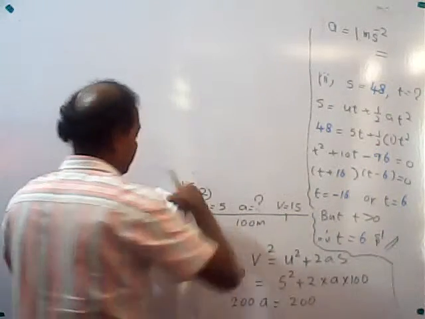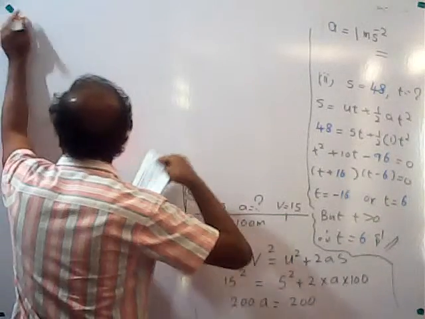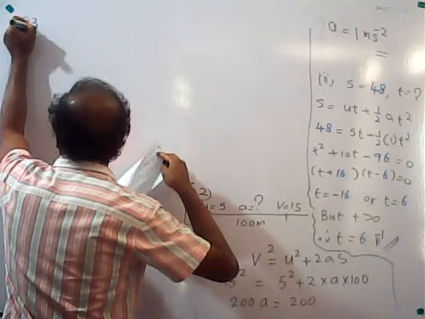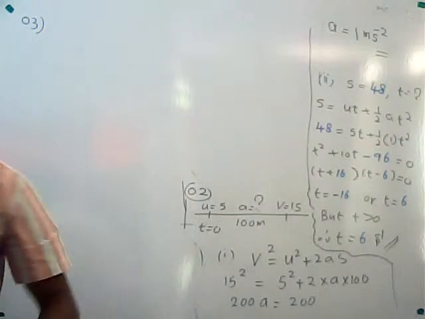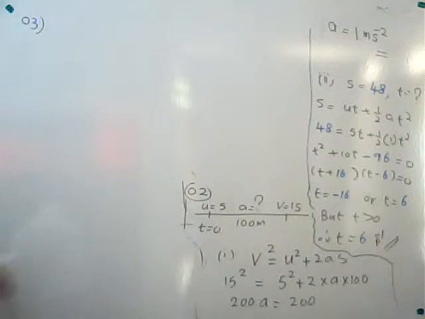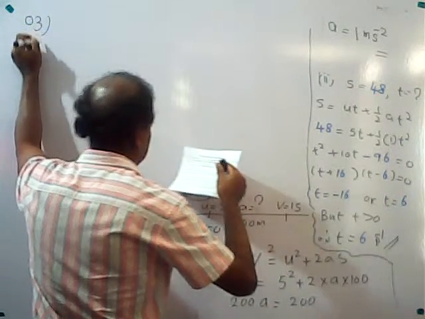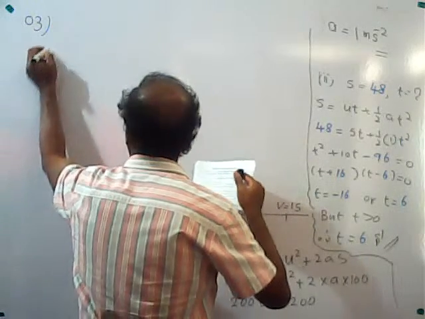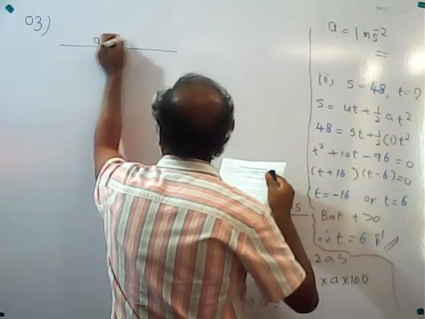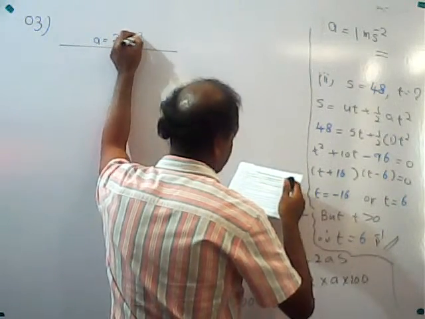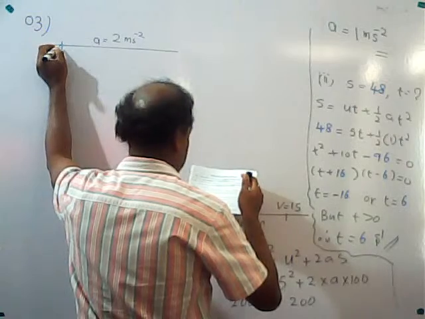Question number 3. A particle that moves at constant acceleration 2 ms minus 2 in a straight line has a speed 7 ms minus 1 at a particular moment.